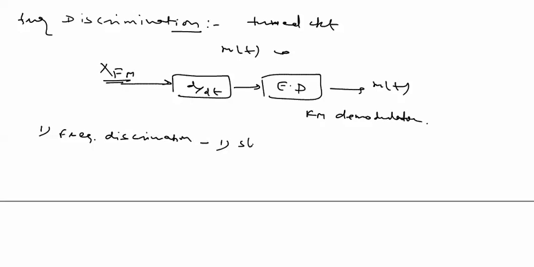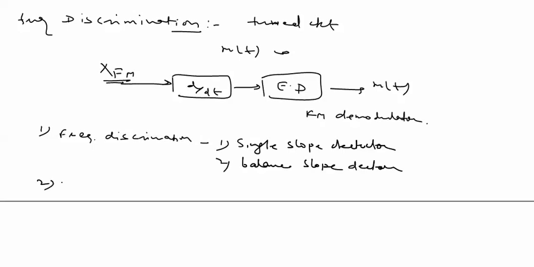Single slope. Second one is phase discriminator.